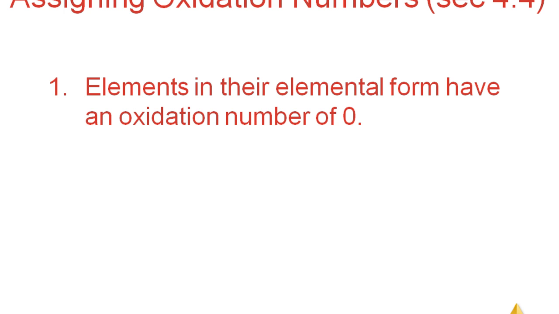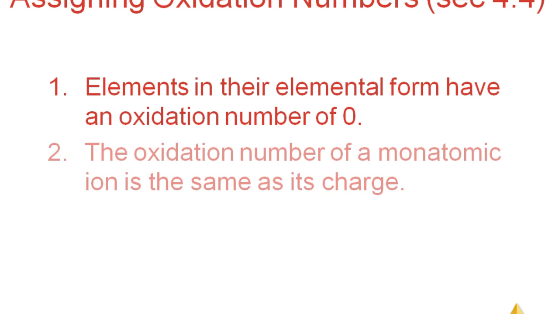So the first thing is elements in their pure, elemental form have an oxidation number of 0. The second rule is the oxidation number of a monoatomic ion is the same as its charge. In the book, you have a little more stuff in there. It's a good practice. Let's just revise ourselves on these rules. So for any monoatomic ion, the oxidation number equals the charge on the ion.